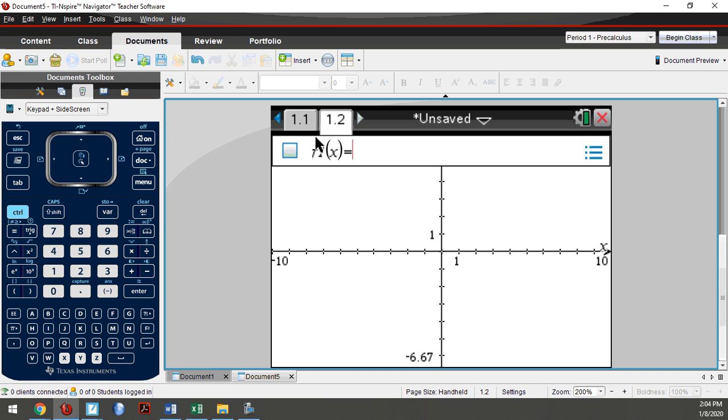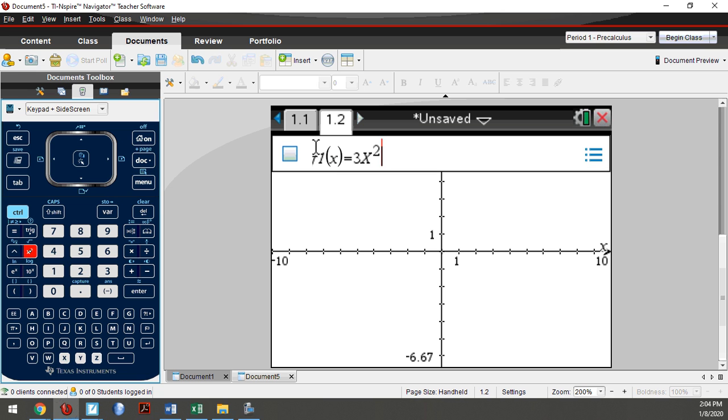And you are going to type the equation without the y equals exactly the way it is in the problem. So that is going to be 3x squared minus 12x plus 7. Am I correct in that? And I'm going to hit enter.